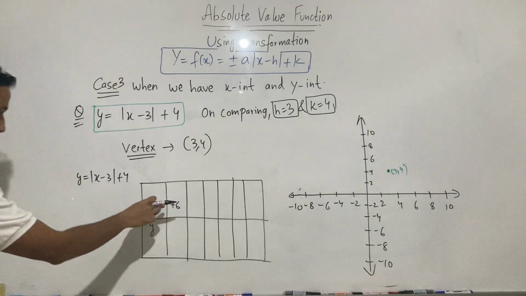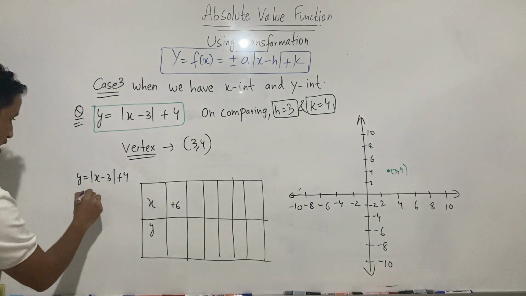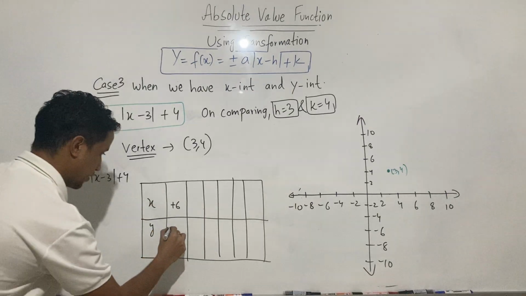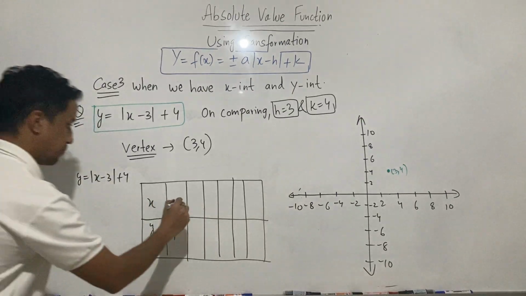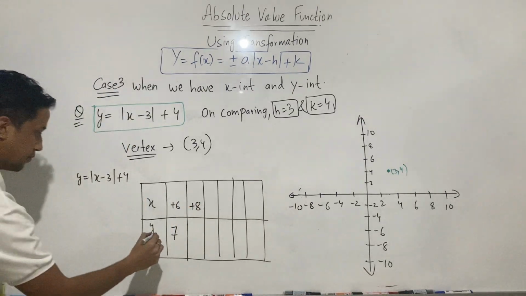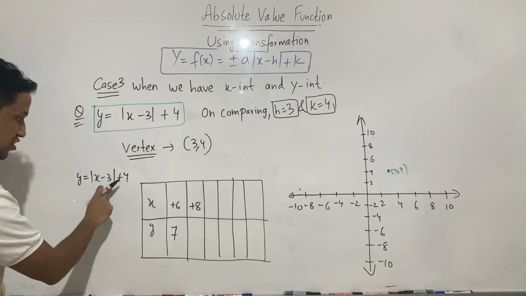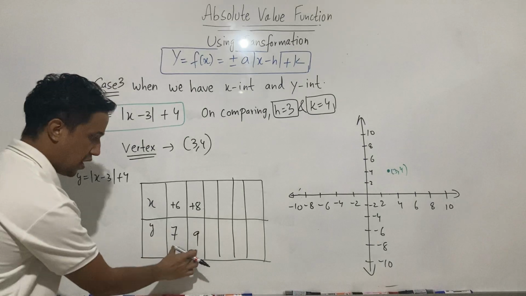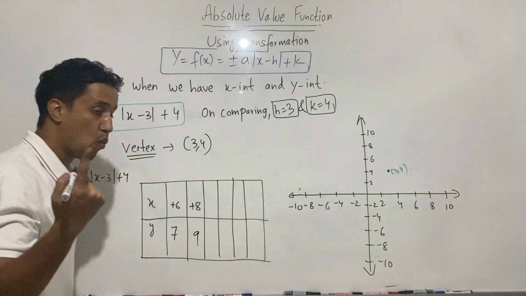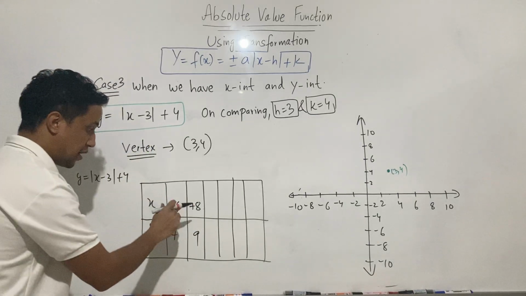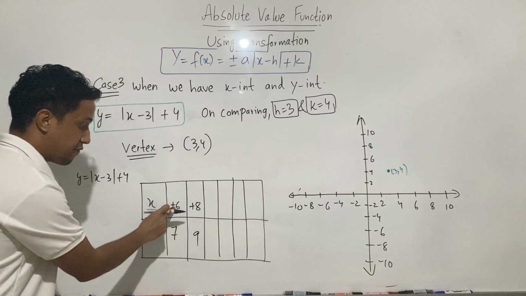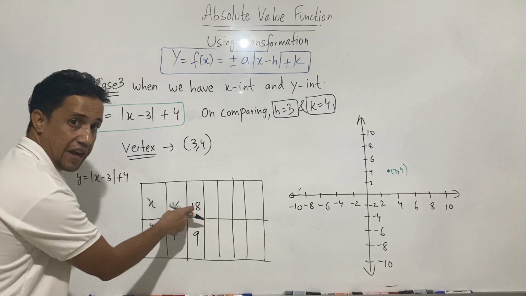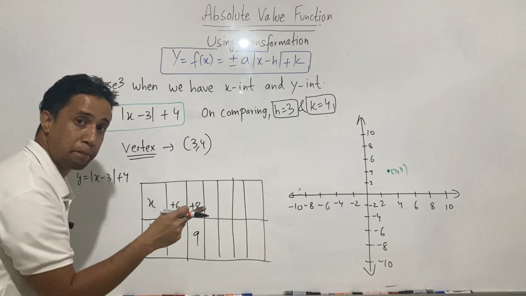If I put x as 6, then 6 minus 3 is 3, 3 plus 4 is 7. If x is 8, 8 minus 3 is 5, 5 plus 4 is 9. You can see here the slope is 1, because from 6 I directly went to 8, so there is 7 in between.